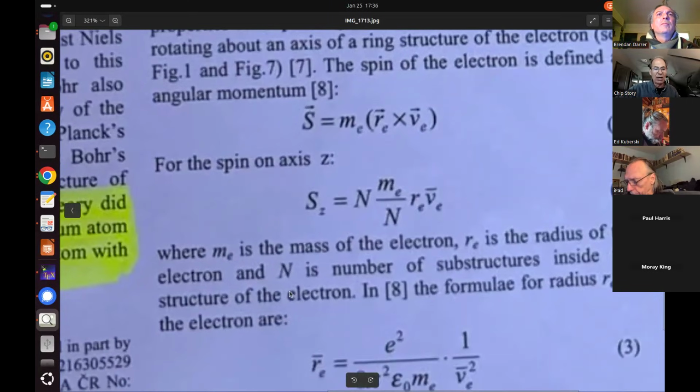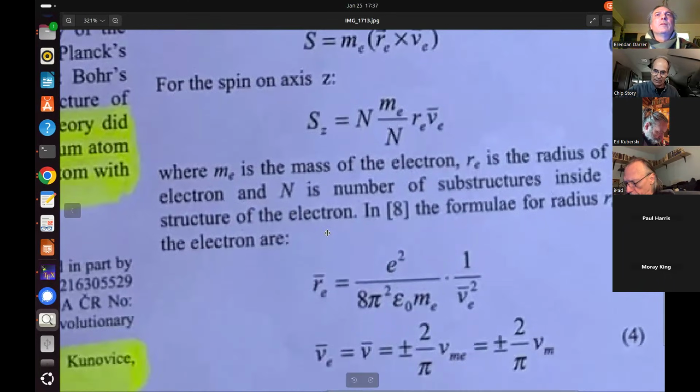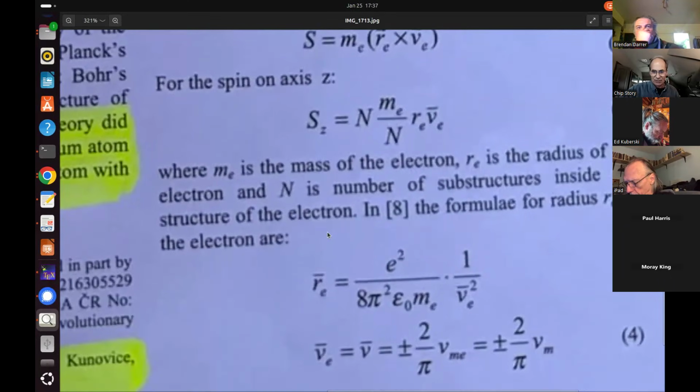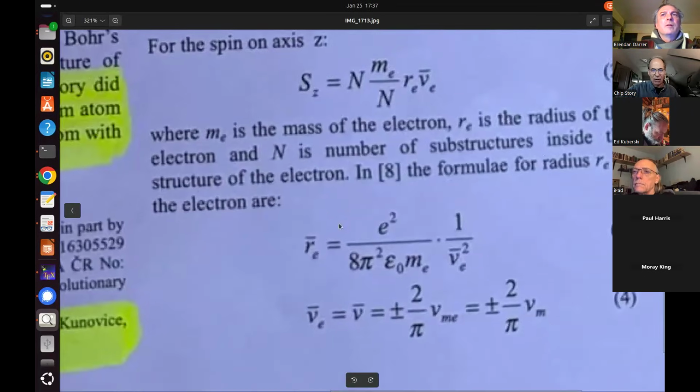For the spin on axis z, we have a polarized spin, quantification there, where m is the mass of the electron, r is the radius of the electron, and n is the number of substructures inside of the structure of the electron.